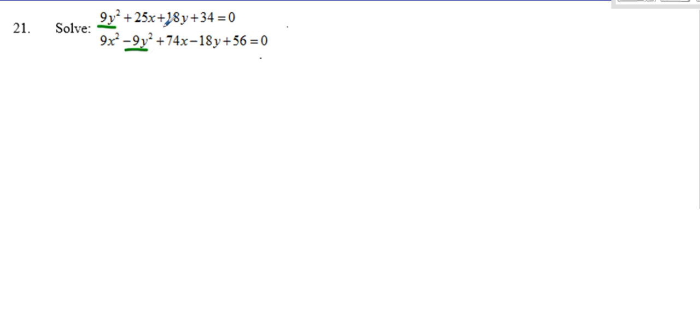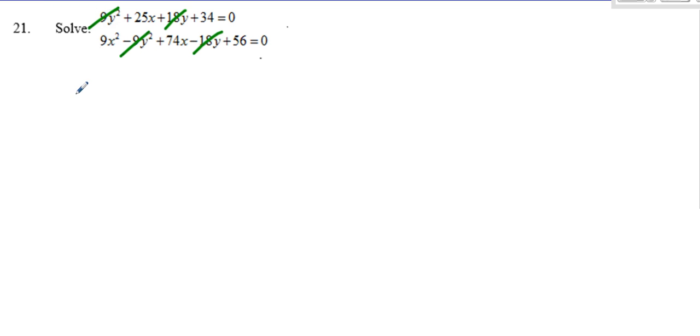We also have a positive 18y and a negative 18y, which also eliminate each other. So by doing elimination, those cancel, and we can combine like terms for the rest of it. We're just adding these equations together to eliminate all the y's.